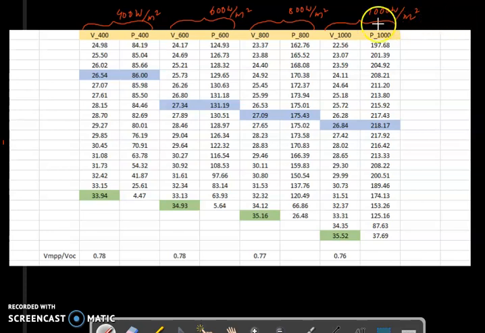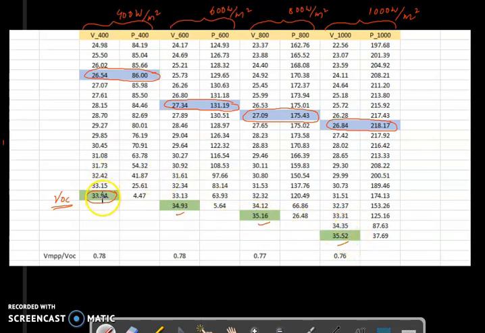Here I highlighted the VMPP and PMPP with the blue color. So you can see the voltage at which you can obtain the maximum power from the PV panel. The green color represents the open circuit voltage. The open circuit voltage of the panel at 400 watts per meter square is 33.94, and similarly the open circuit voltage of the panel at 600, 800 and 1000 are 34, 35 and 35.52.